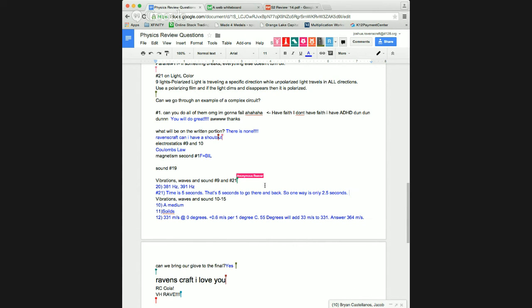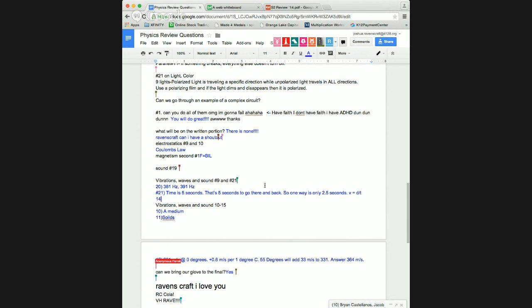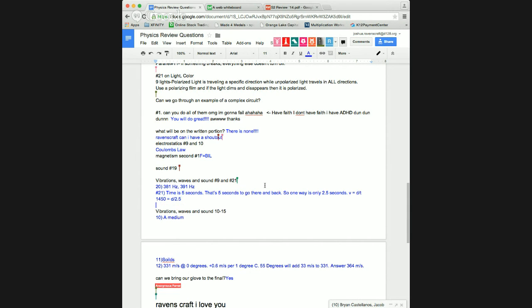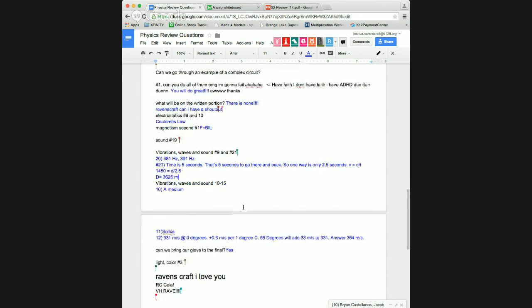If we use the fact that speed is 1450 meters per second, so velocity equals distance divided by time, 1450 equals d divided by 2.5. So then d is equal to 3,625 meters.